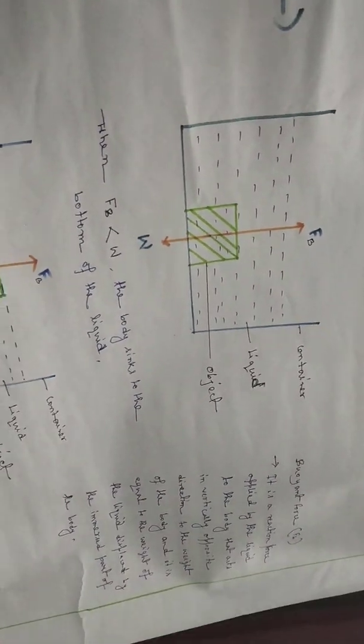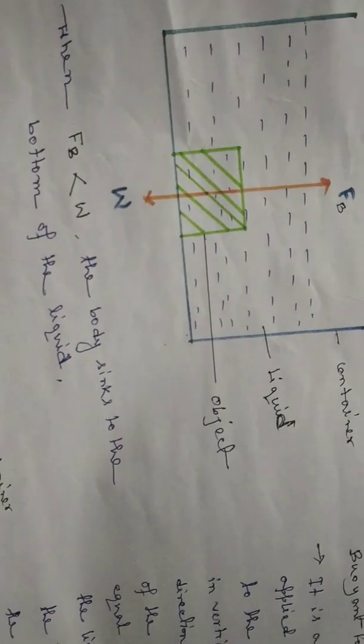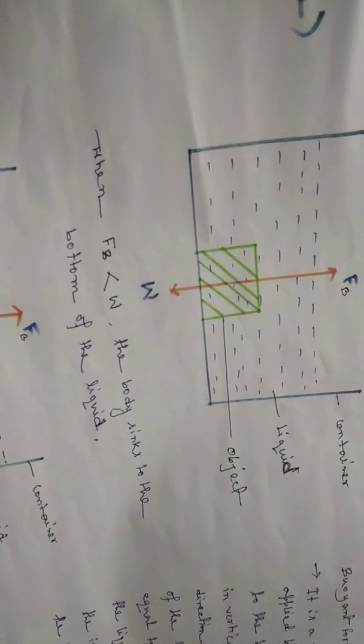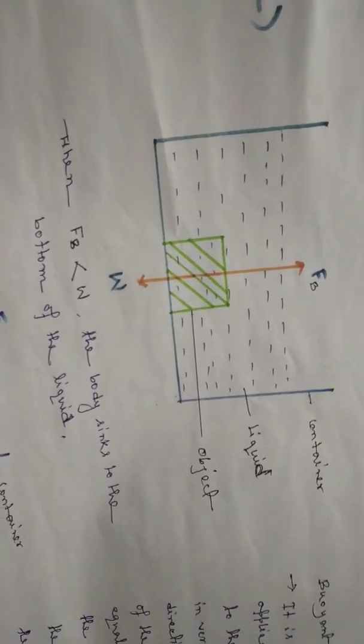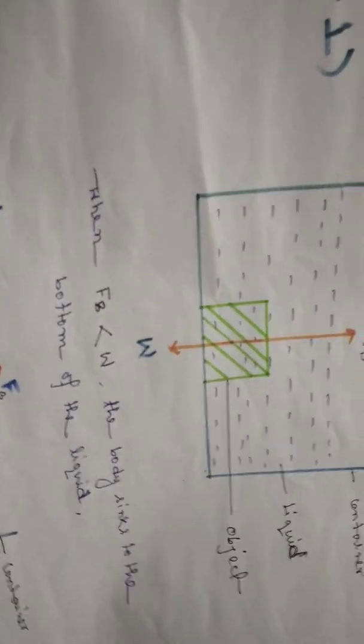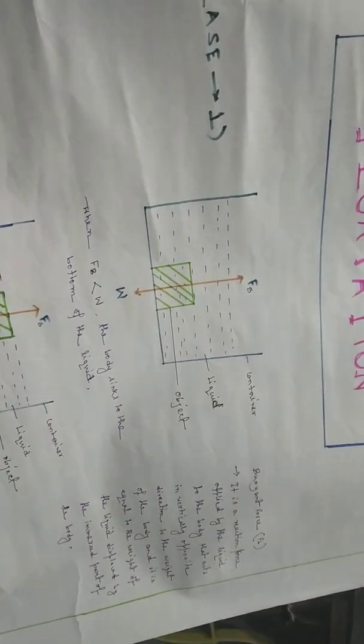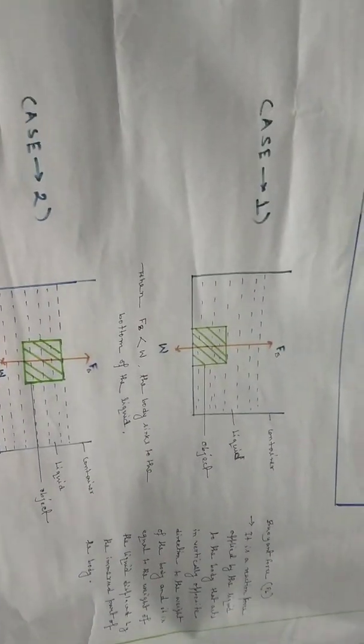That means the weight loss of the object is equal to the buoyant force acting on it, which is equal to the weight of the liquid displaced by the immersed part. I hope you understood what I said.